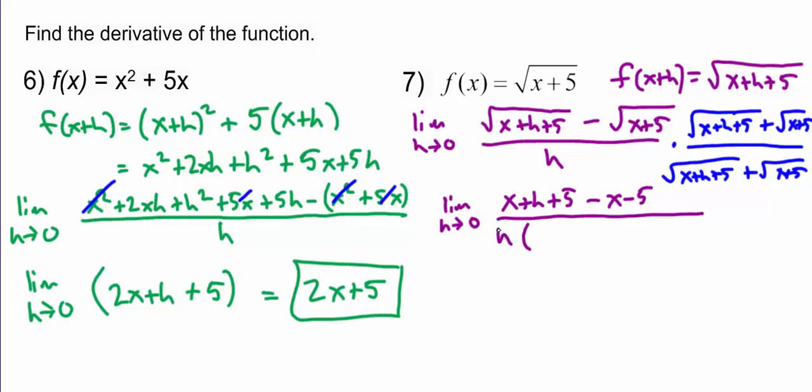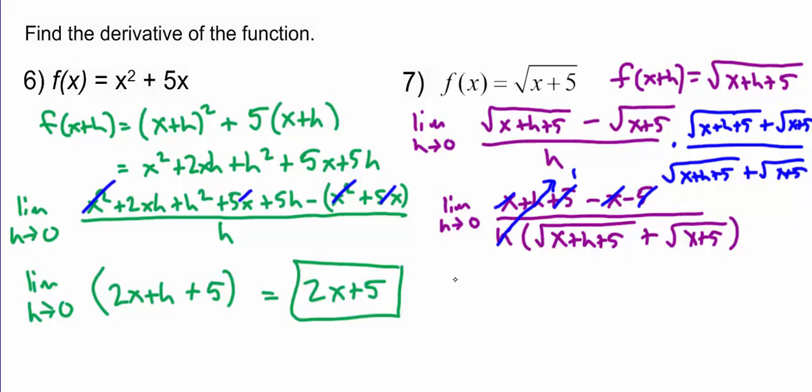And then the denominator, as we're used to seeing, or at least we hopefully are used to seeing because we've seen it a lot now, ends up being fairly messy. But that's okay because we still have some more canceling work to do. Like, I see that I have an x minus x and I have a 5 minus 5. And what do you know? I have an h divided by an h. That's just going to give me a 1, right?